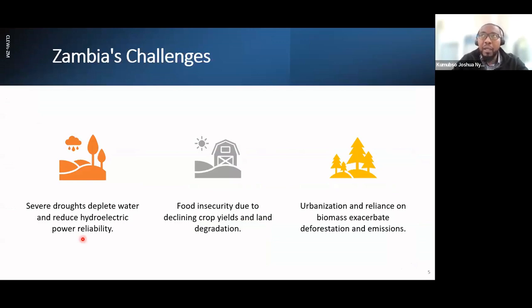To make matters worse, the drought also negatively affected crop yields, which is also impacting livelihoods. That has almost a tripling effect. Then biomass reliance has also increased exponentially.